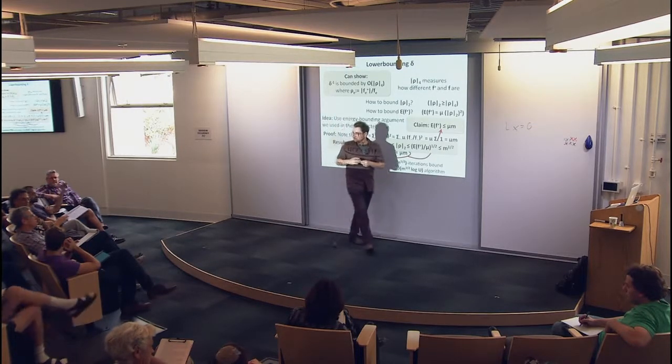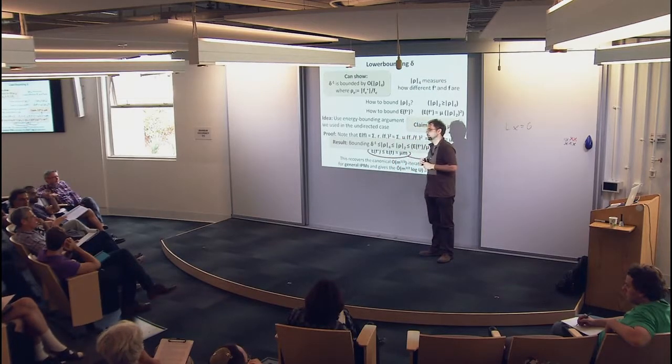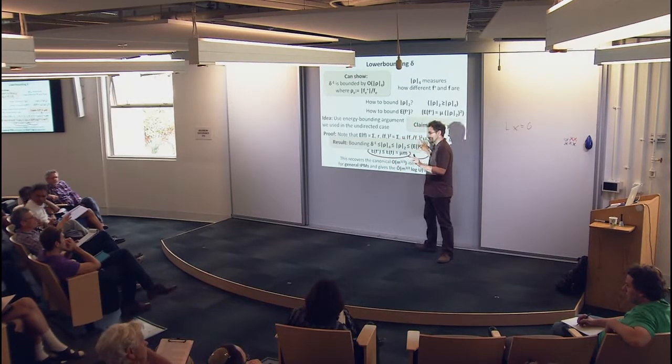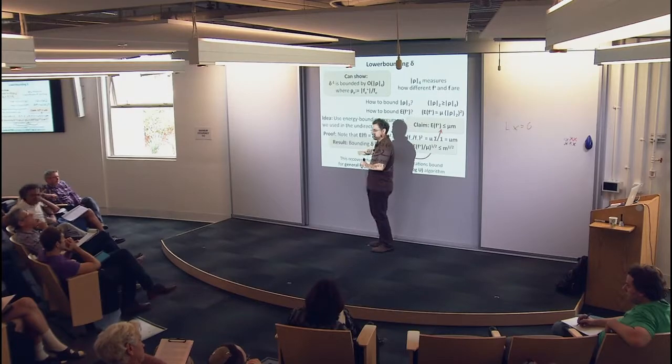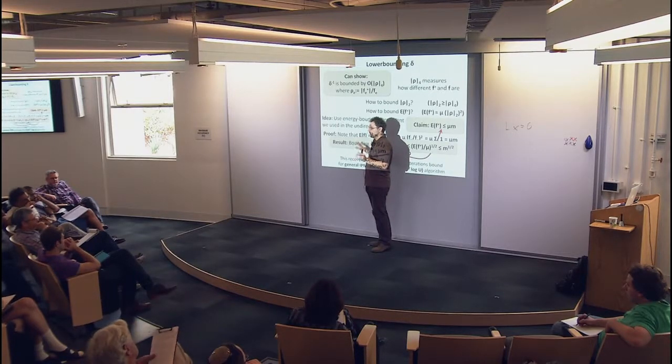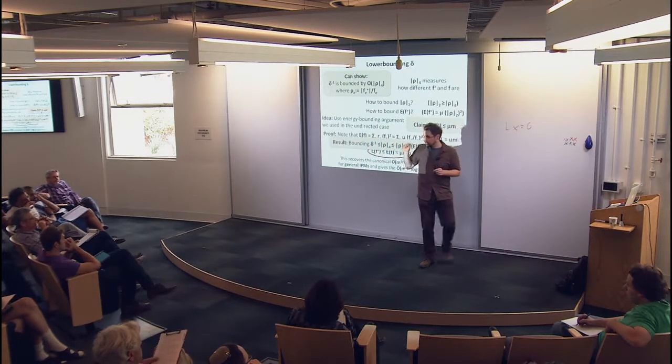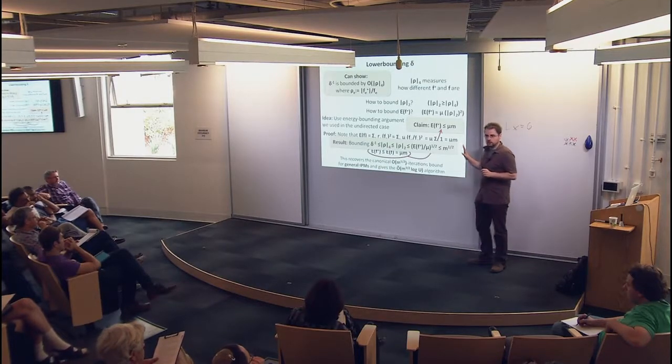Did I use a special structure of this graph in any way? No. This is general. It works even for general LPs. It doesn't even have to be max flow. There will be a moment when we will use this structure. I will tell you when it happens, but it's not now.